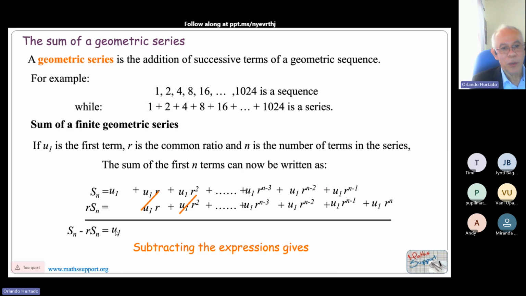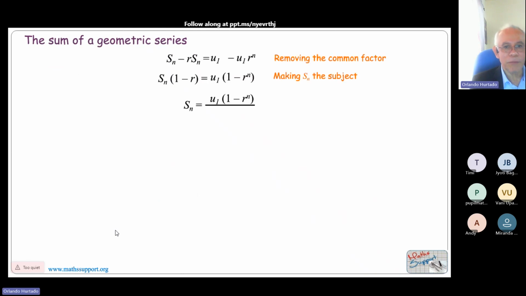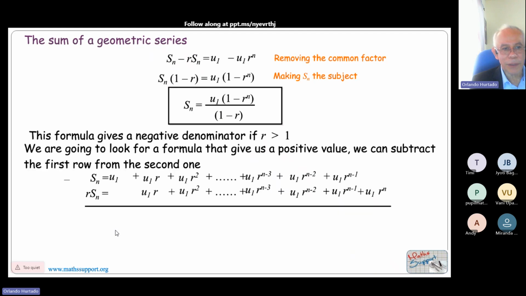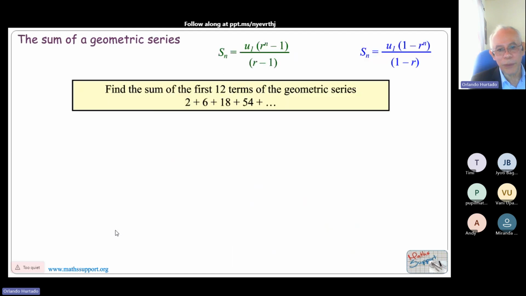After we explain how to derive the formula, we explain how we can derive a second formula, and we have the two formulas on top of the screen to solve a problem. So the next part of the presentation is solving a problem with examples.